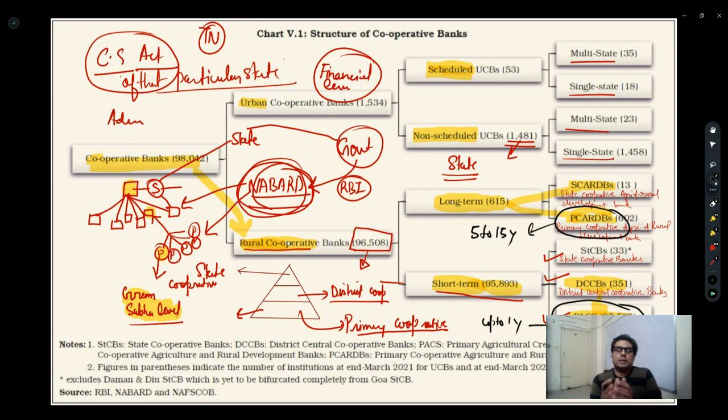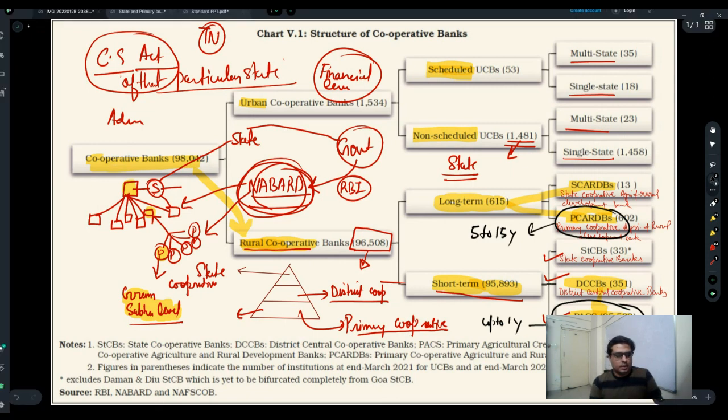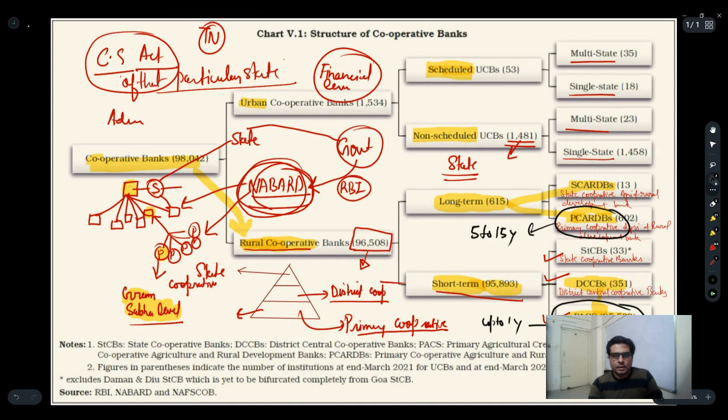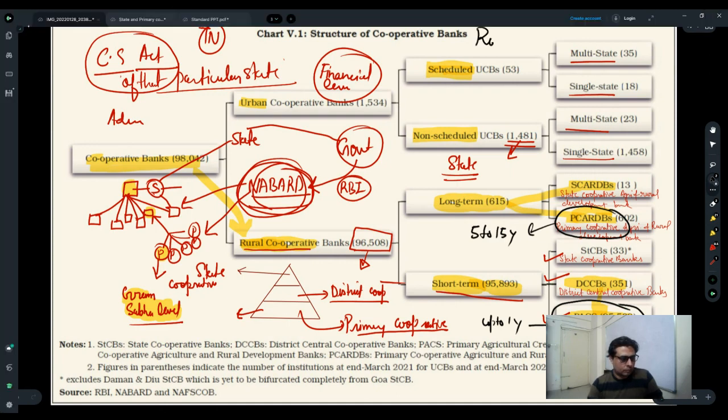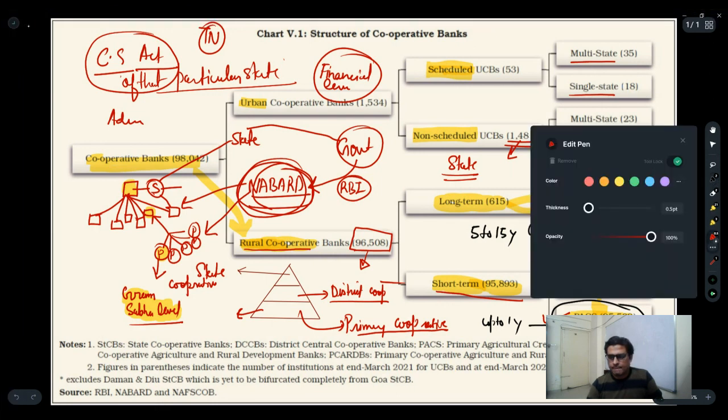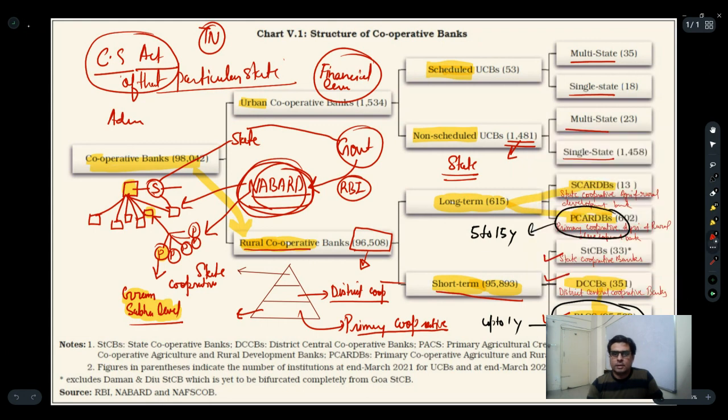But the ambit of the term rural economy was earlier limited to only agriculture and related sectors. That was the definition of rural economy.